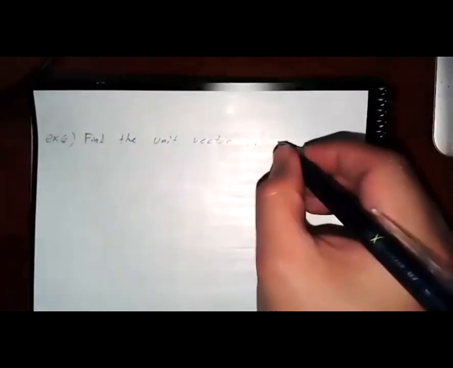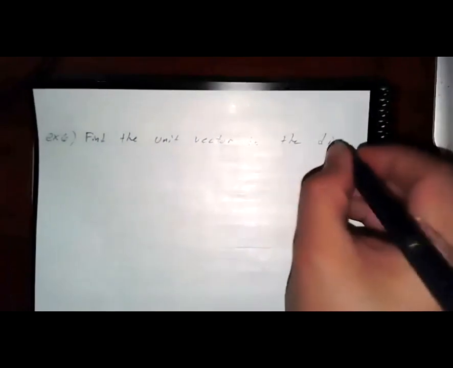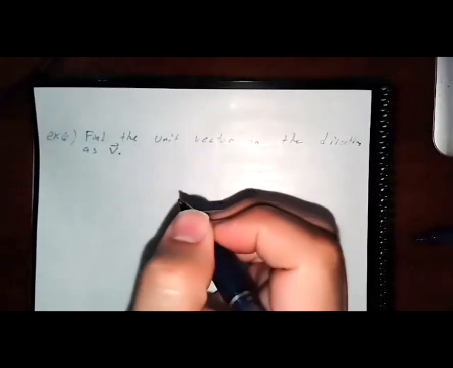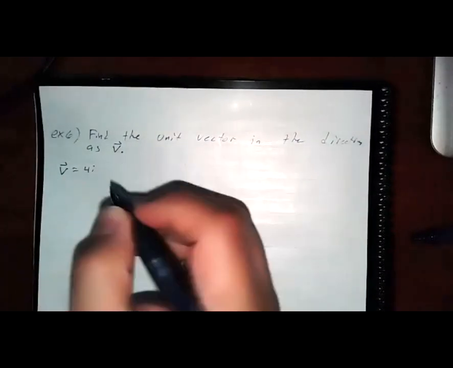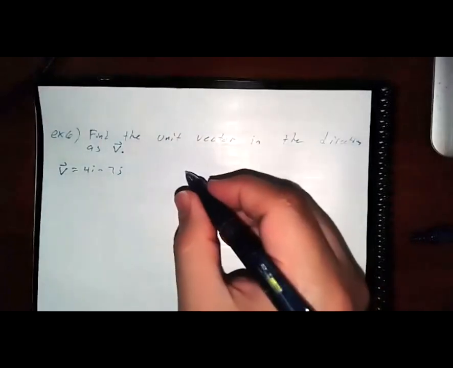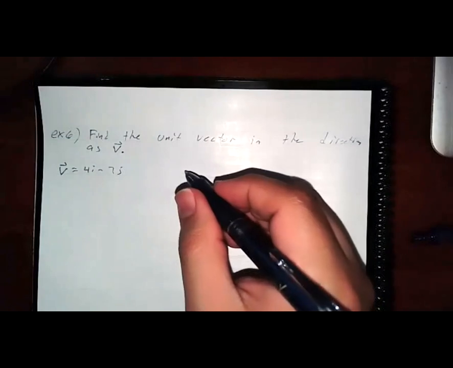To find the unit vector in the same direction as V. V is equal to 4i minus 7j.